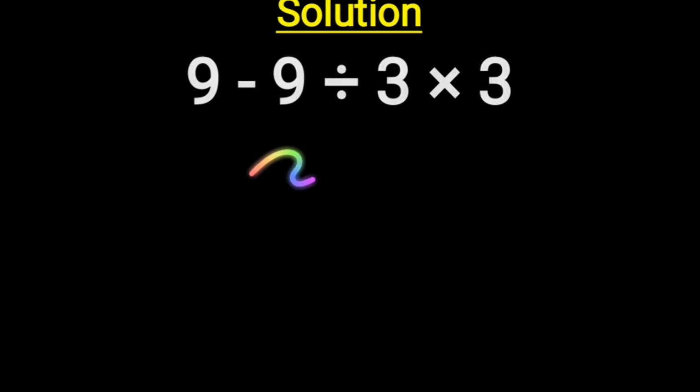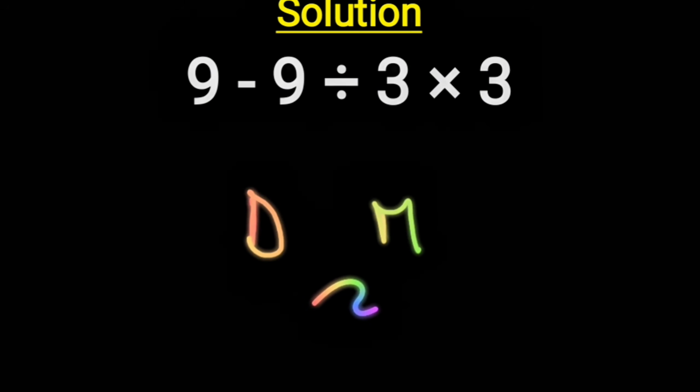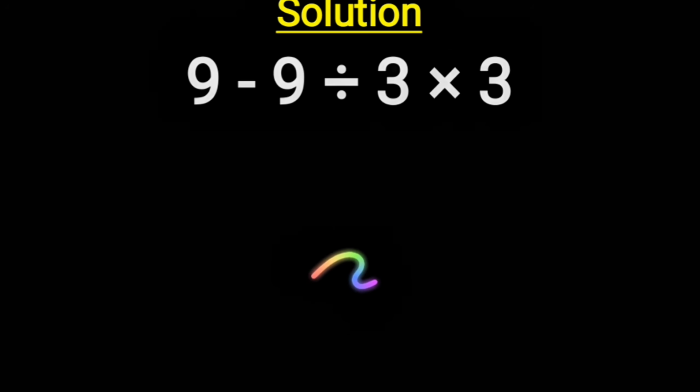The second step is exponents, those small superscript numbers. We see none of those either. So we move down the ladder to the tier that contains division and multiplication. This tier sits above addition and subtraction in power. That means any addition or subtraction must wait until every division and multiplication operation has been fully resolved.